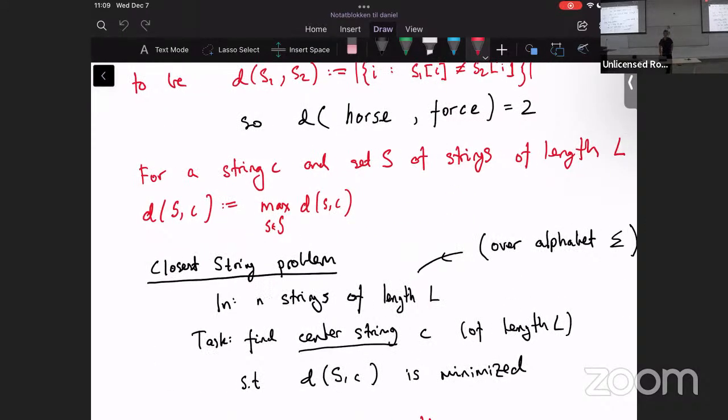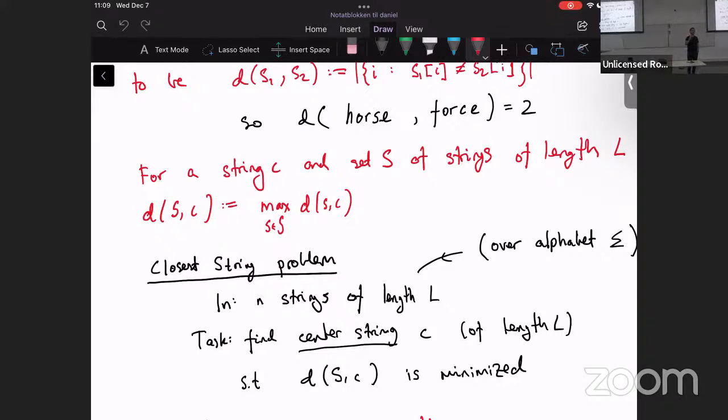We can extend this notion of distance from just a pair of strings to distance from a set of strings to a string, which will now be the distance to the string from the one in the set that's furthest away. That's how we define it. So if I want to find the distance from a set of strings to just one, I'm going to count that as being not the average, not the minimum, but the maximum distance from one of the strings in the set to the center.